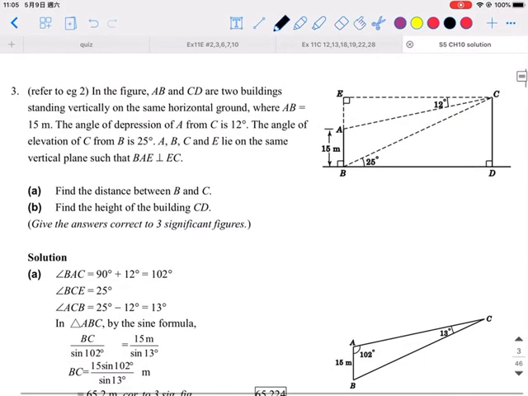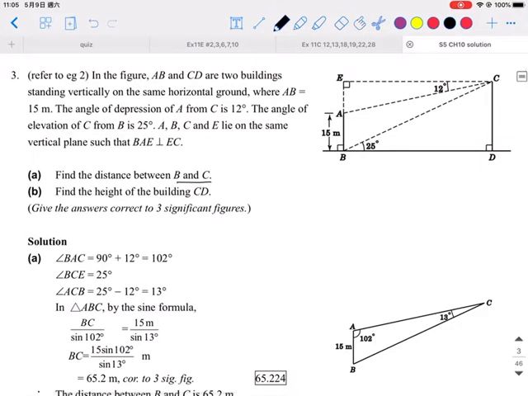So it's not difficult for question number 2. And then for question number 3, for the first part, find the distance between B and C. That means we need to find BC, this length. Let's consider the triangle ABC. Let's see if there is a SAS format or a sine formula with corresponding angles and sides.